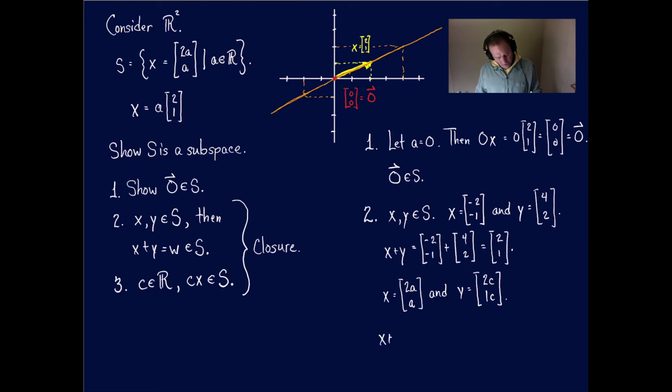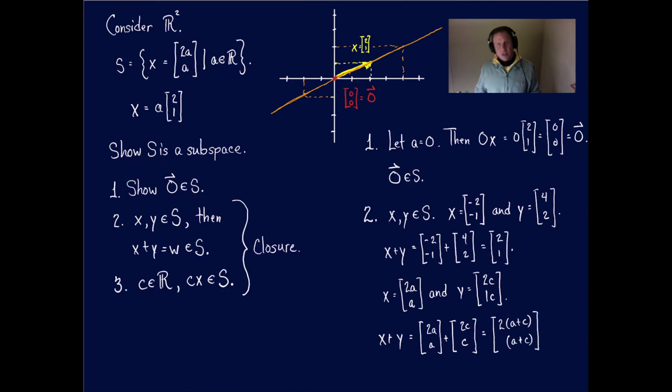If I take x and add it to y, that's 2a, a plus 2c, c. When I add those together, I can factor out a 2. I'm going to write it as 2 times a plus c, and in the second one, a plus c.